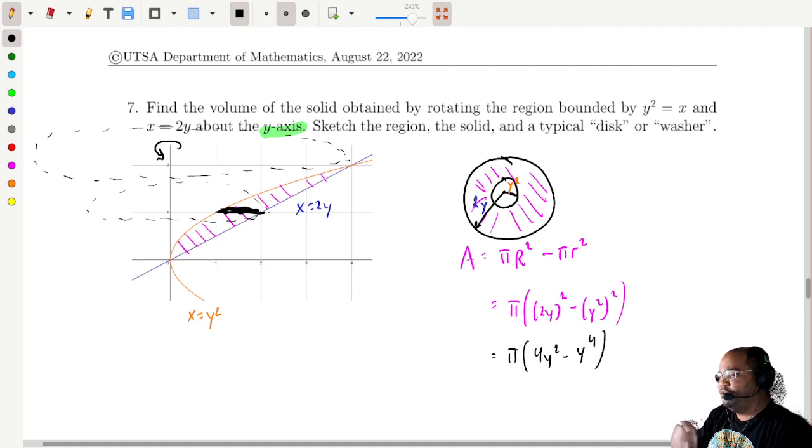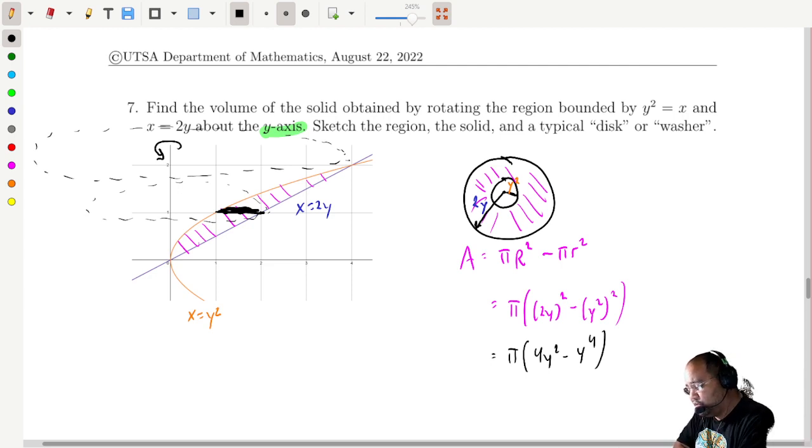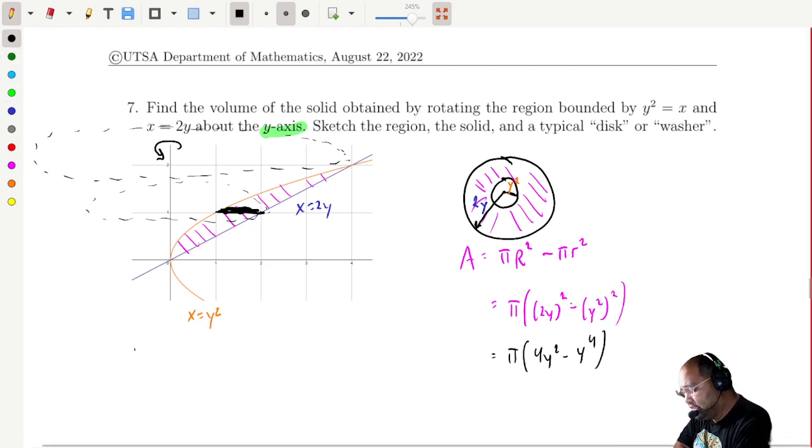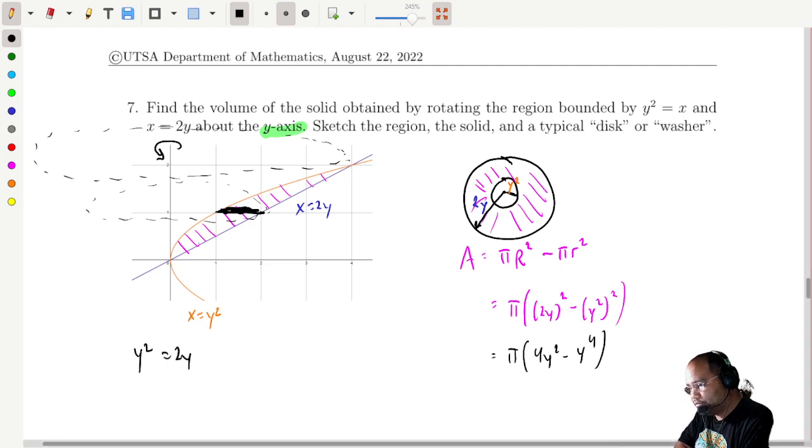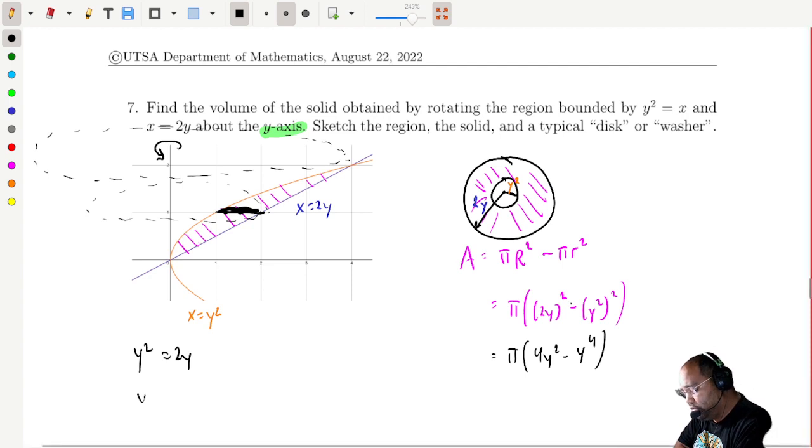All I need to do is figure out the intersection points and integrate. Let's set these two equal to each other. We have y squared equals x, 2y equals x, so y squared equals 2y. Let's subtract and move stuff over: y squared minus 2y equals 0.